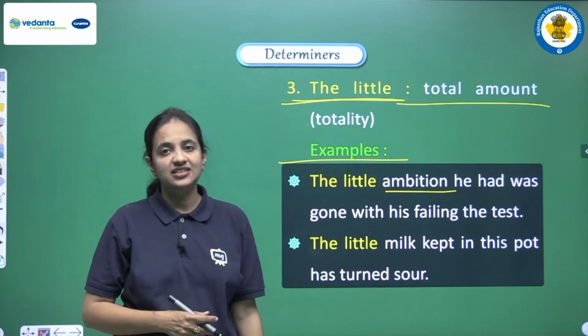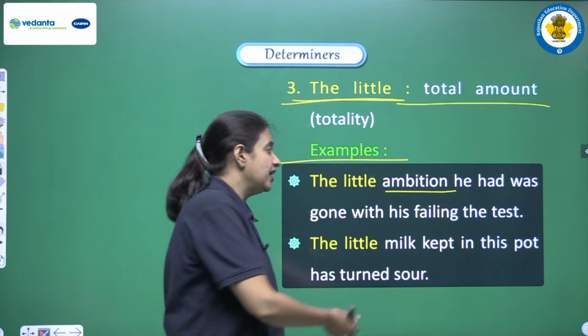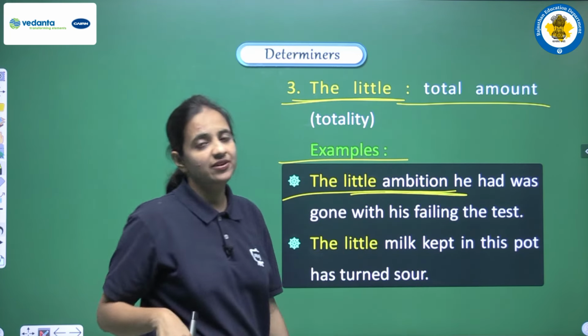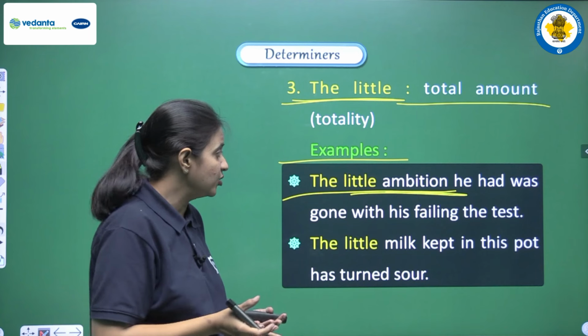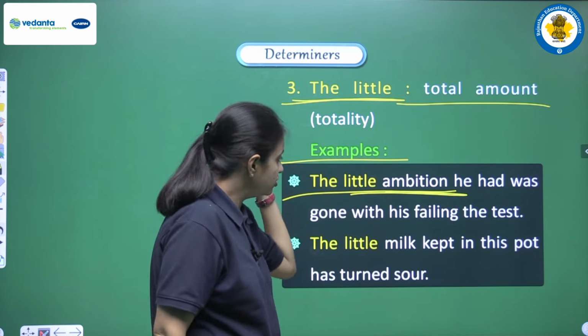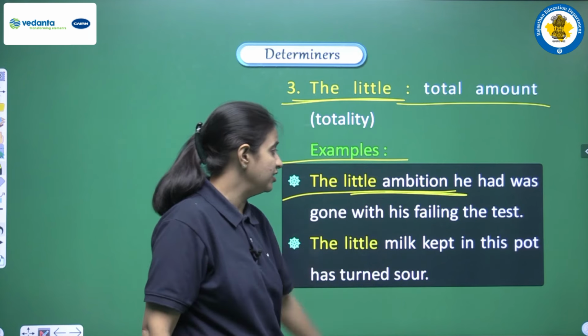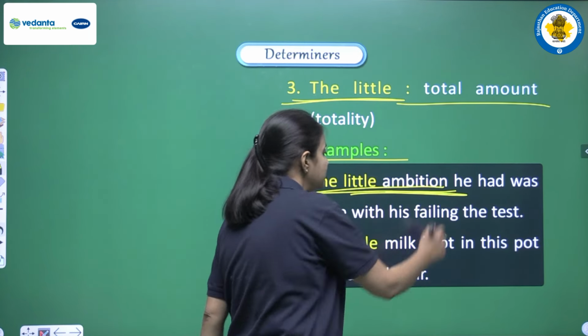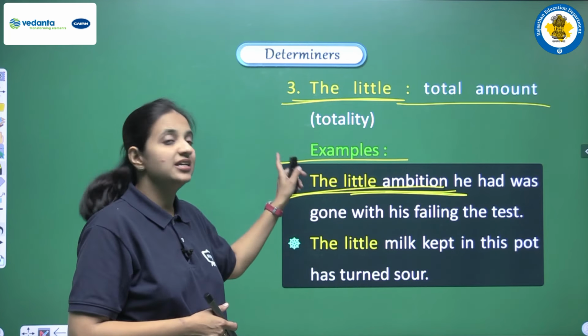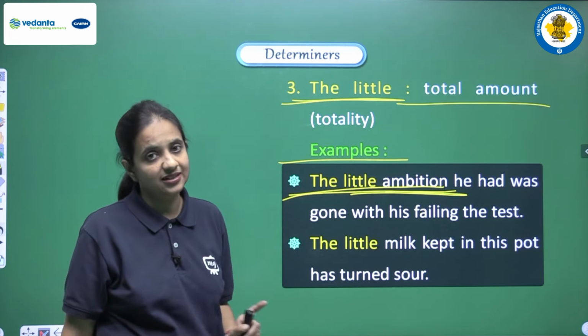Ambition is an uncountable noun, and here we are talking about all the ambition that he had, the totality. Okay, the total amount of ambition that he had. That ambition went with his failing the test, and this is the reason we are talking about totality, the total amount. We are using the little here as a determiner.